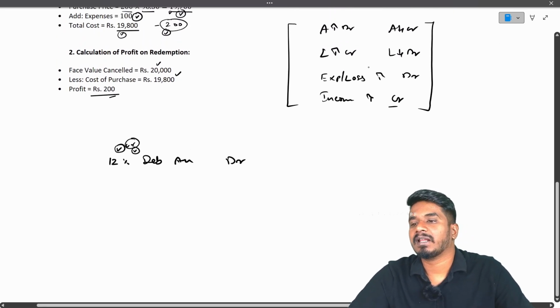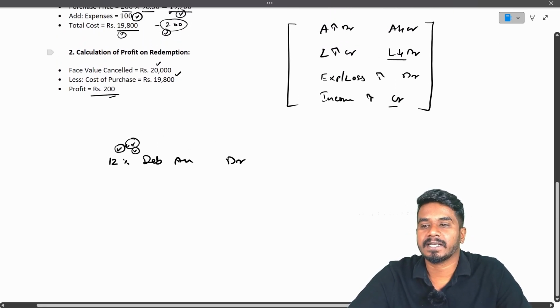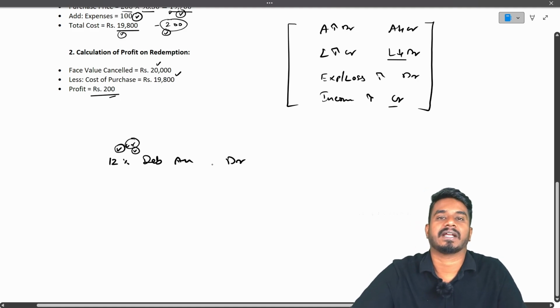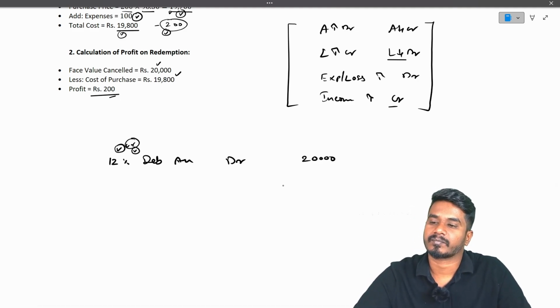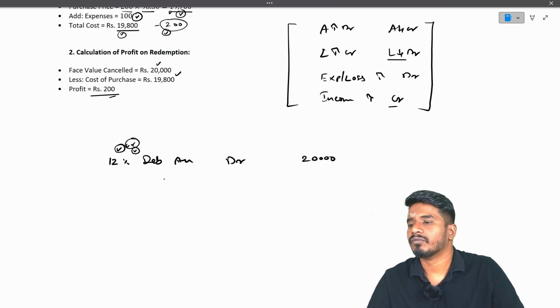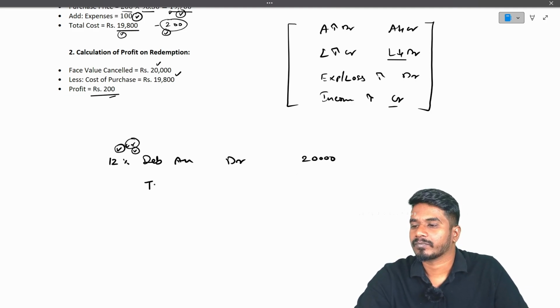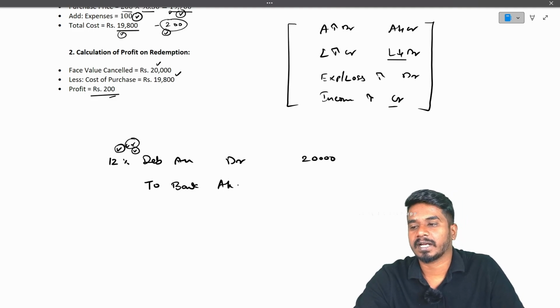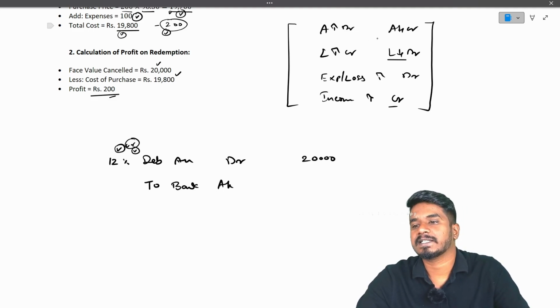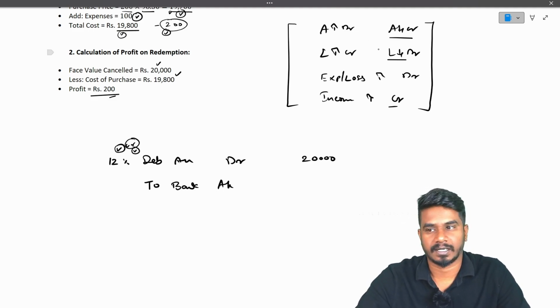In an easy manner, liability is decreasing, so we debit it, for 20,000 worth. Now we pay through the bank account. Asset is decreasing, so we credit it.